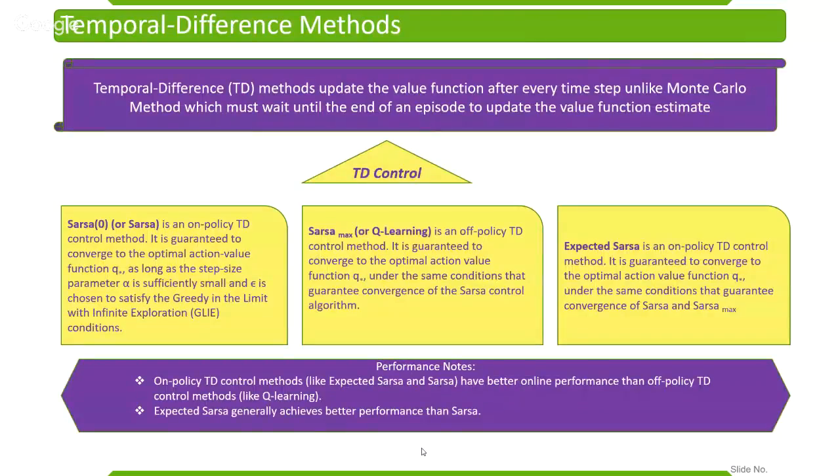Moving on to the next topic. Temporal difference methods. The major difference between temporal difference methods and Monte Carlo methods is that Monte Carlo methods wait till the end of the episode to update the value function estimate, whereas in temporal difference methods, you keep on updating the value function after every timestamp.